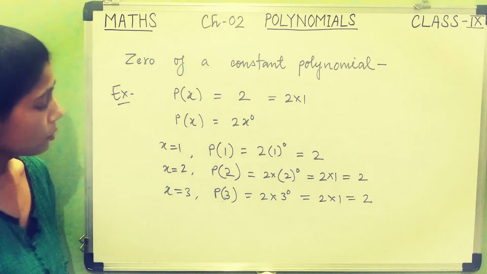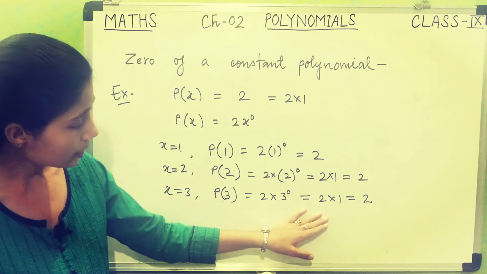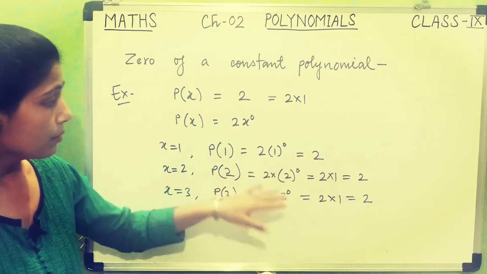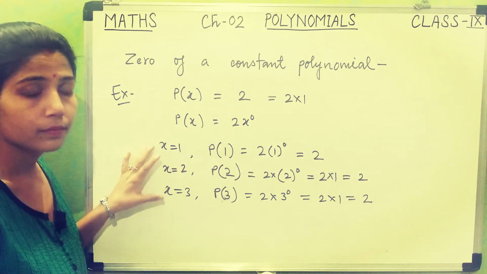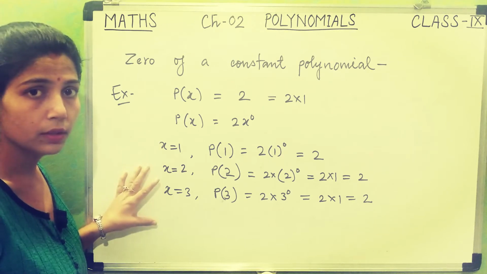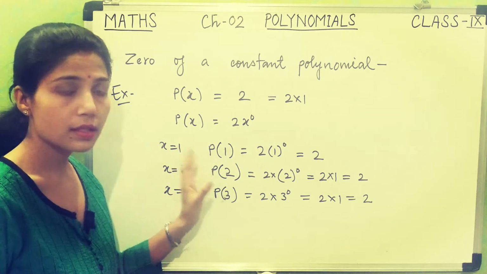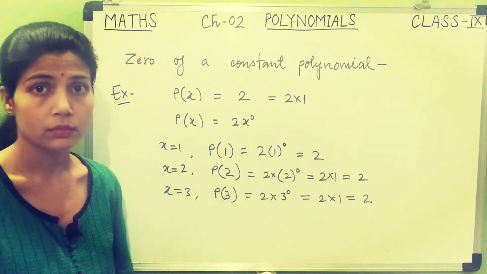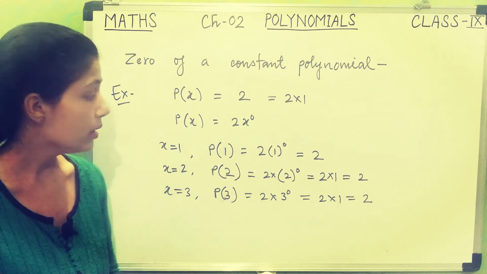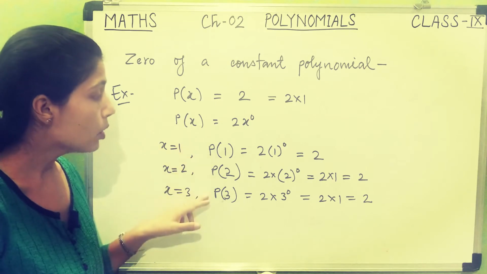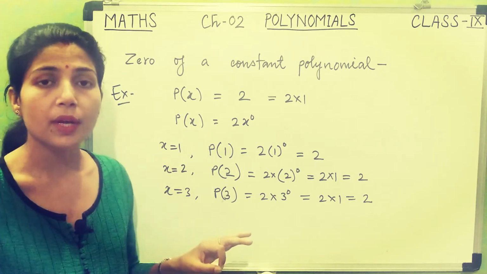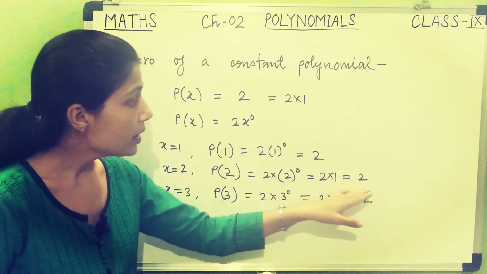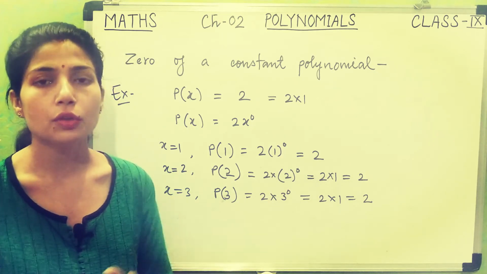So what are you seeing here? Whatever value of the variable x you change to, you get the same value of the polynomial, and that is 2, not 0. It means this constant polynomial remains the same at any value of the variable, never being 0.